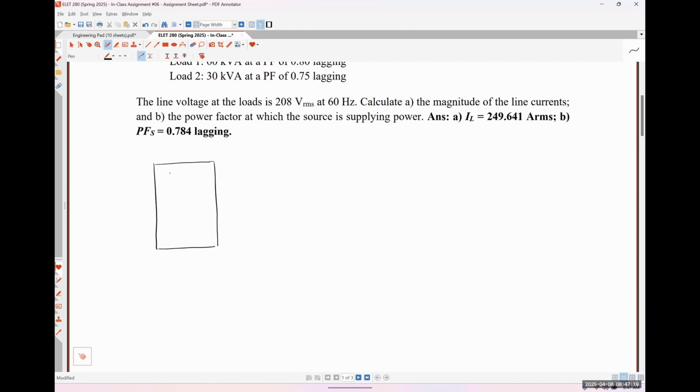So this is literally just a black box representing a balanced three-phase source. Here's terminal A, B, and C. Then over here, I'm going to choose to put load 1.